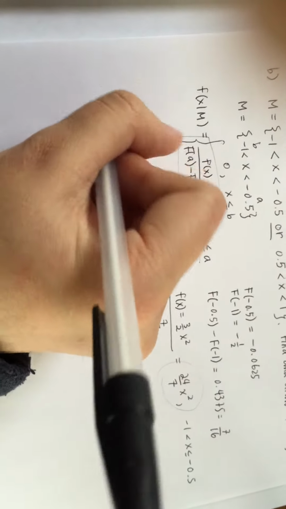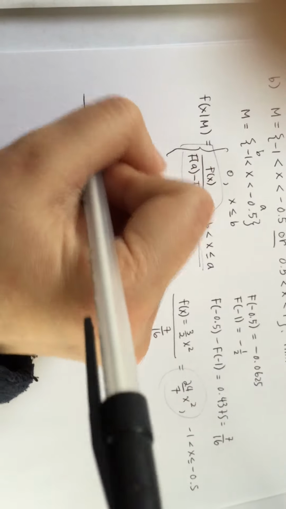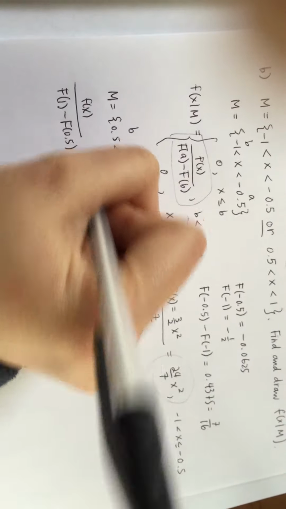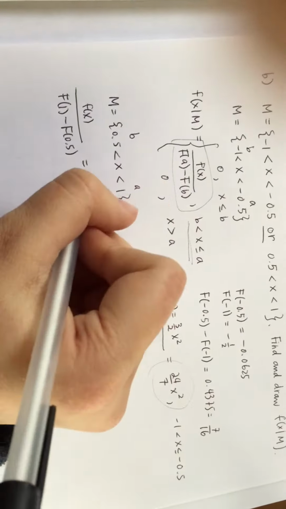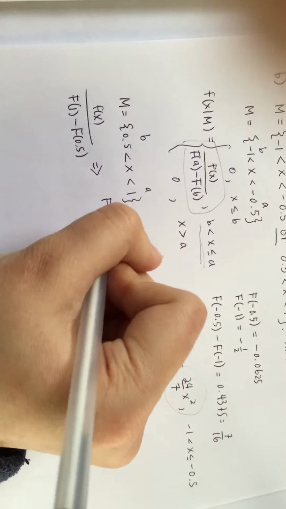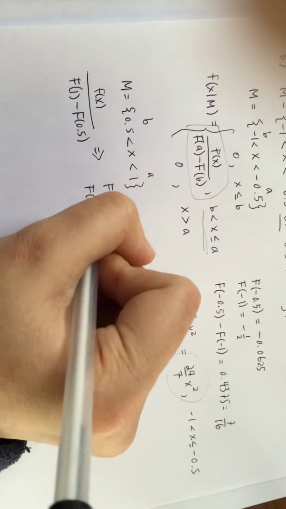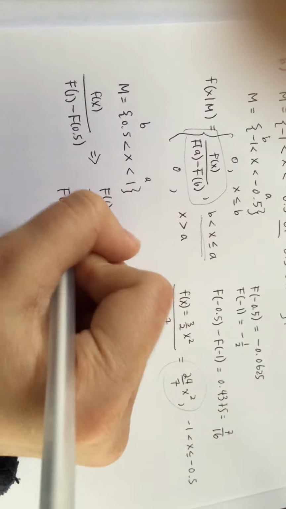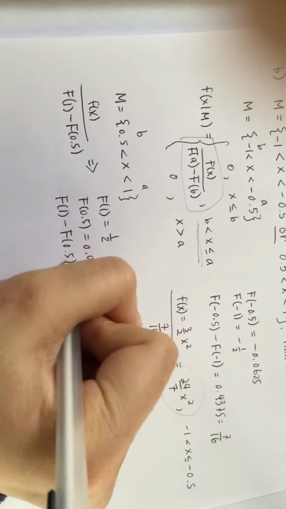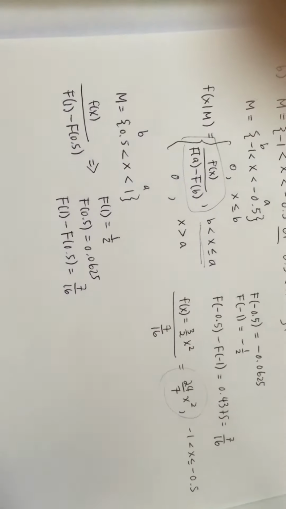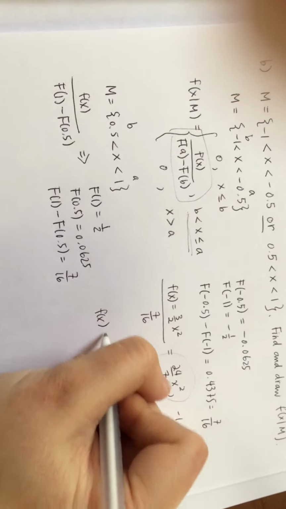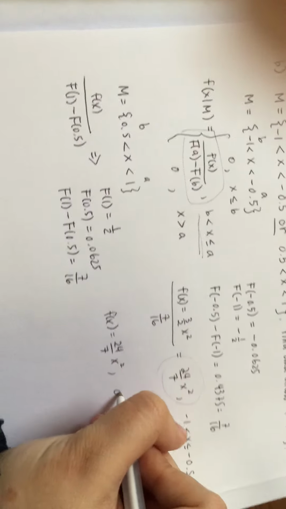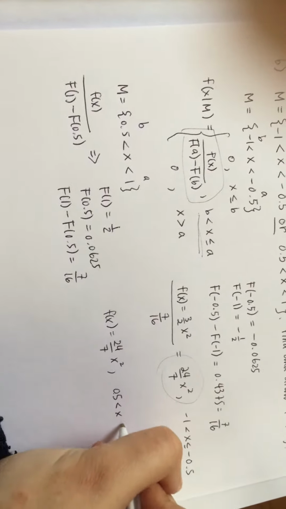We use that formula again: f of x over the distribution function. We see that F of 1 is 1/2, F of 0.5 is 0.0625. And we subtract, we get 7/16. And once again, f of x is 24/7 times x squared on this interval 0.5 to 1.